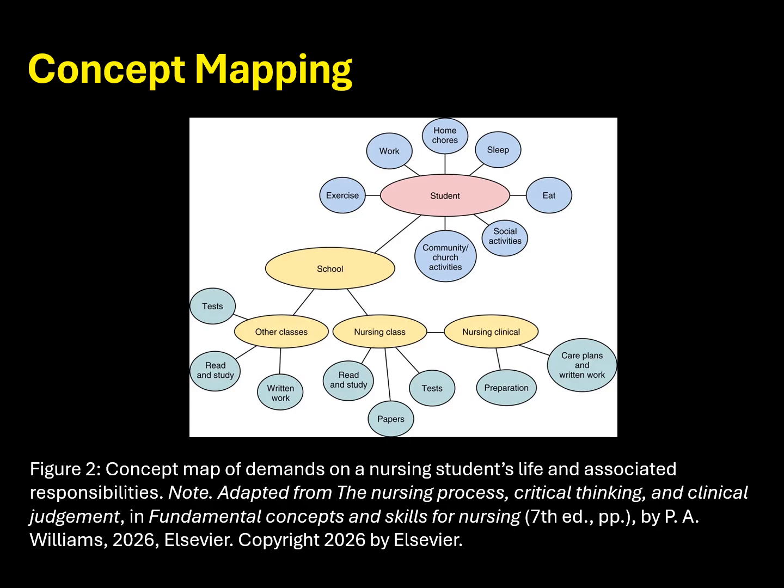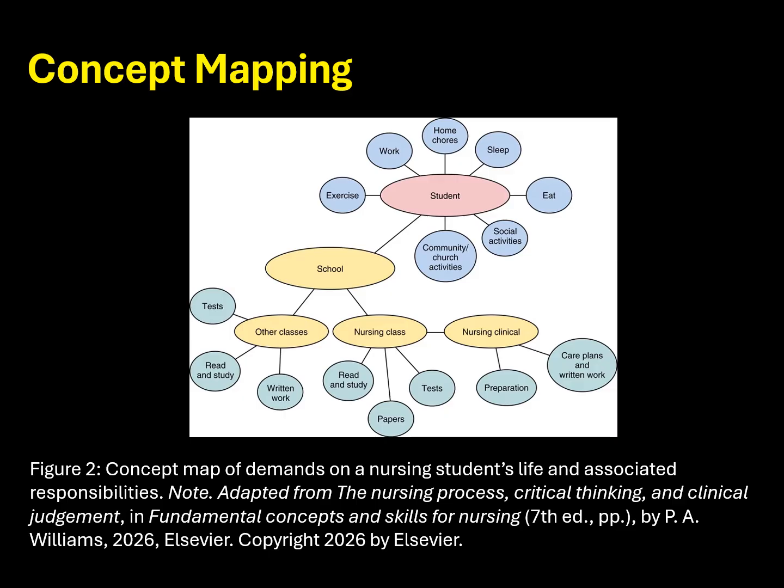Figure 2 shows concept mapping. This is a concept map of demands on a nursing student's life and associated responsibilities. As you can see, in pink is the student. Around the student is exercise, work, home chores, sleep, eating, social activities, community, church activities, and branches into school, which has its own branches.